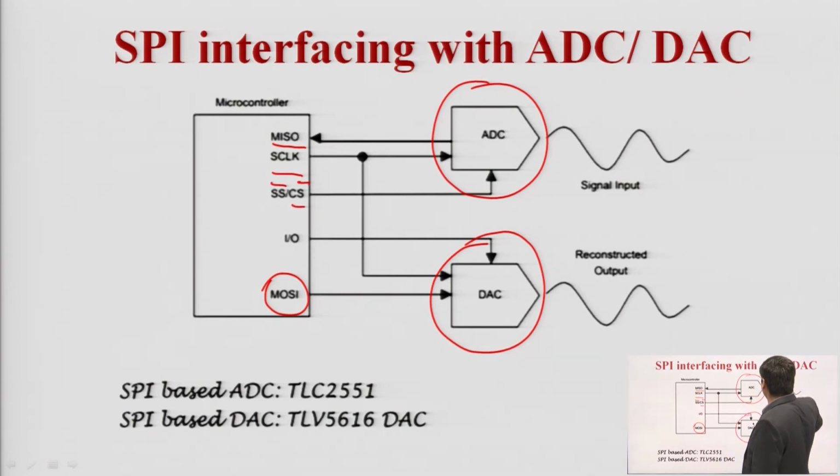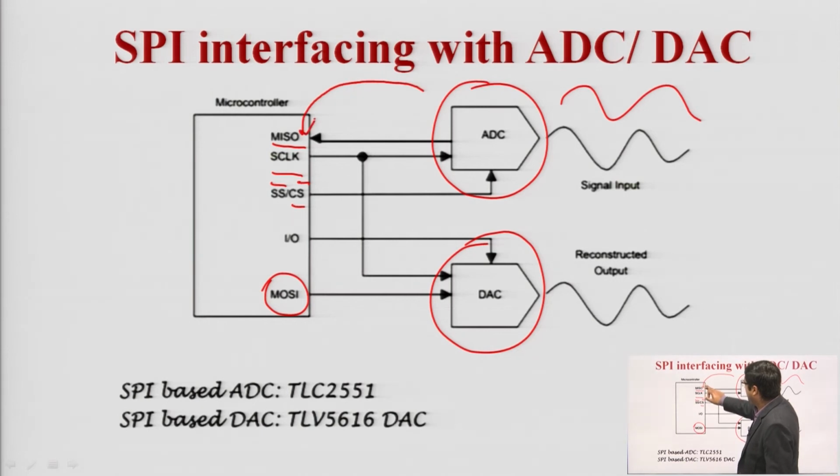So what does the analog to digital converter do? It takes the analog input from the environment and converts it into digital form. This is the output of the slave. MISO means slave out and master in, that is, the slave is providing the signal to the master.